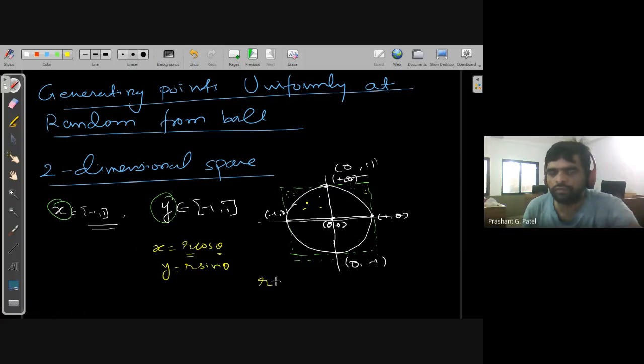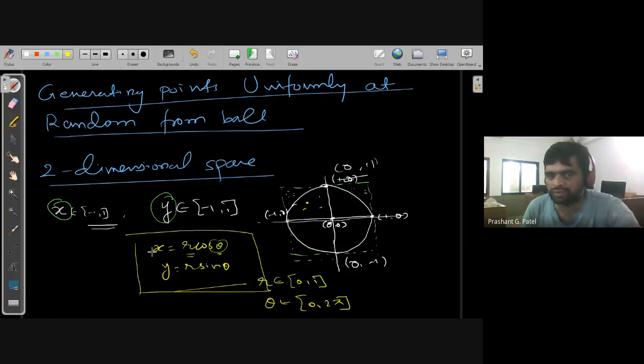So you generate r between 0 and 1, uniformly distributed, and you generate theta from 0 to 2 pi, so it covers the full circle. That is another way to generate the points using polar coordinates, and it is easy to do.